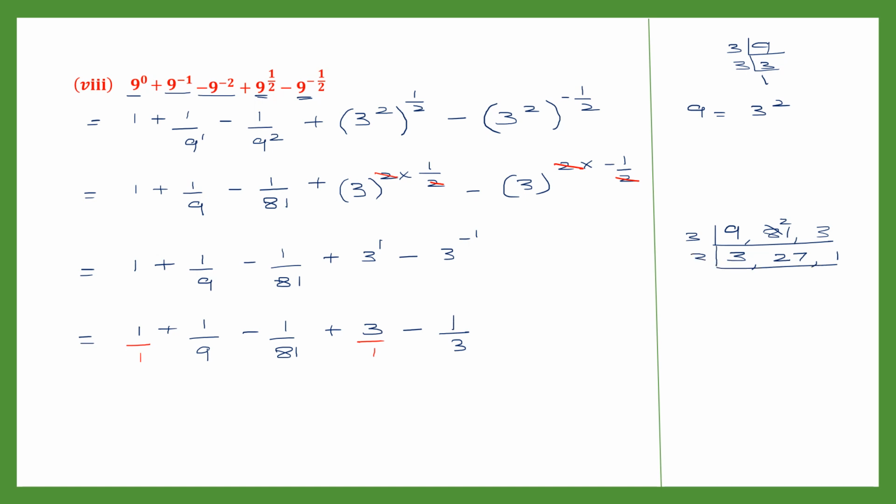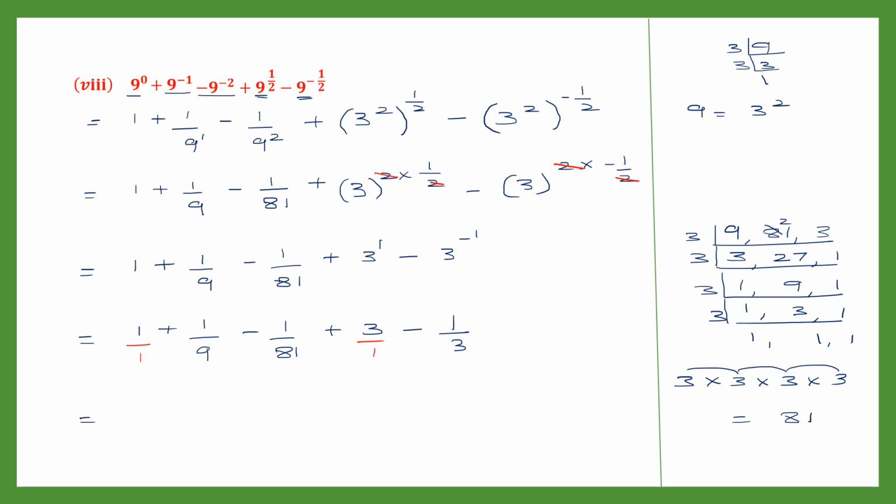So here again 3 1s are 3, 3 9s are 27, 1 again, then 3 1s are 3, 3 3s are 9. Continue 3, 1, 1 and 1. So the LCM will be 3 into 3 into 3 into 3. 3 3s are 9, 9 3s are 27, 27 3s are 81. So here our LCM is 81.